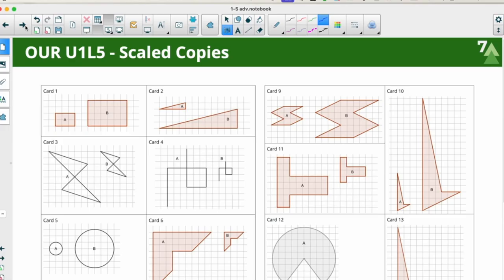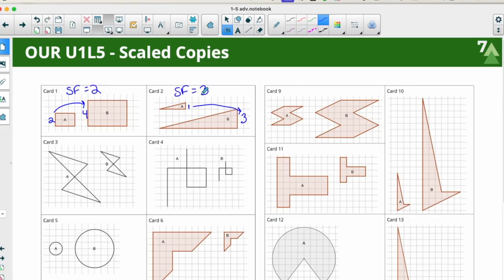And so in card 1, the width was 2 on A, B it was 4, and we're going from A to B, so the scale factor is 2. 2 times 2 equals 4. Card 2, the height of A is 1, the height of B is 3, so to go from A to B, we are multiplying by 3.